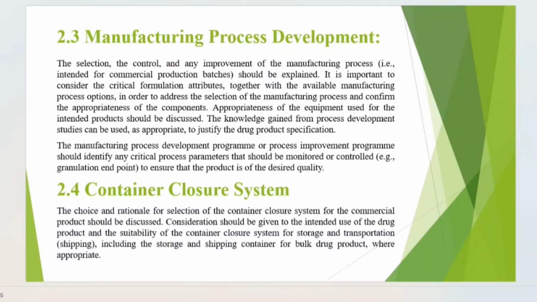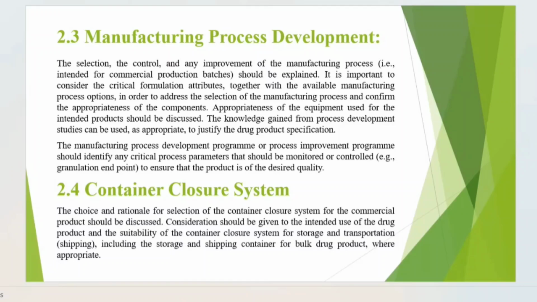Appropriateness of the equipment used for the intended products should be discussed. So here, whatever equipment we have used, the mixer, the granulator, the blender, the fluidized bed dryer, or which pan was used for film coating, all that equipment should be described here.